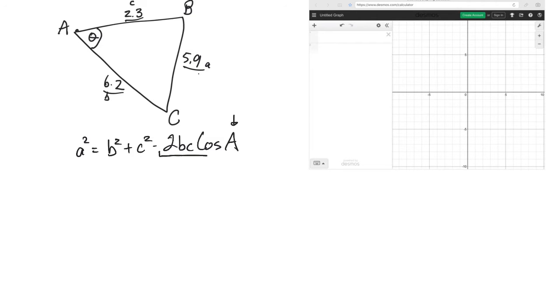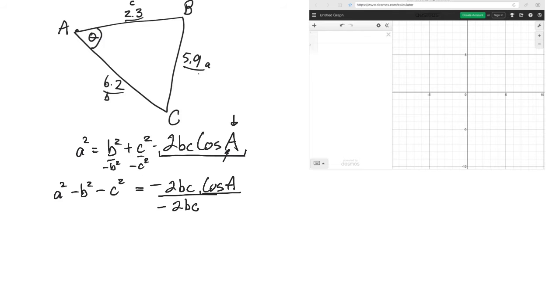So I need to isolate the term that has the unknown in it. I need to get rid of this and this, so I'm going to subtract B squared and subtract C squared. I do that on the left side, and I get A squared minus B squared minus C squared equals minus 2BC cos A. Now I want to isolate this part, so I'm going to divide both sides by minus 2BC.